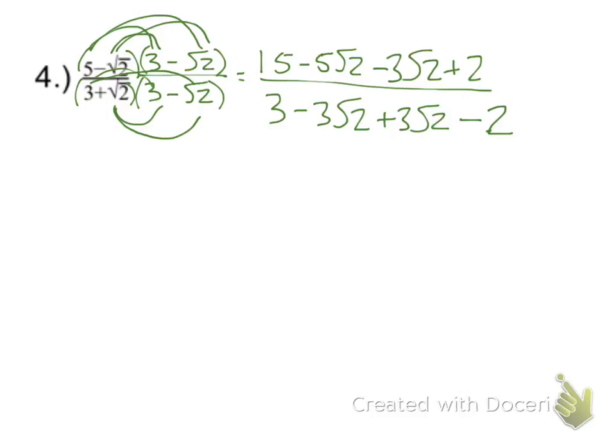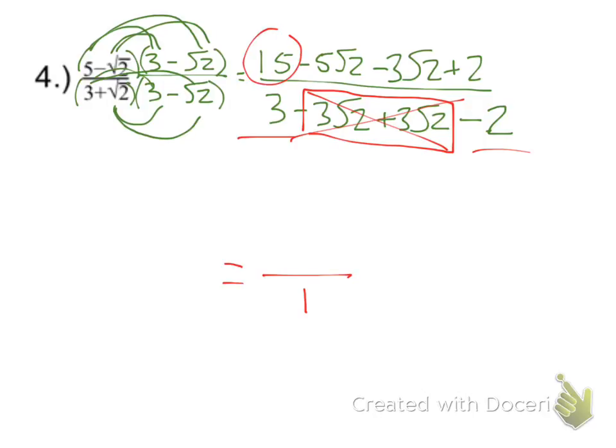And now I just got to gather like terms. Now I'm hoping everybody can see that there was some reason why I multiplied by its conjugate. It allowed me to put a negative 3 square root of 2 and a positive 3 square root of 2, and they will cancel. And you're left with 3 minus 2, which is equal to 1.